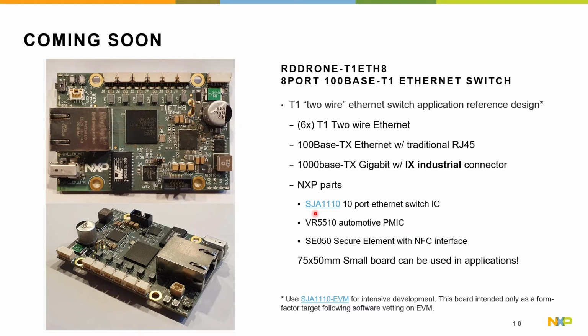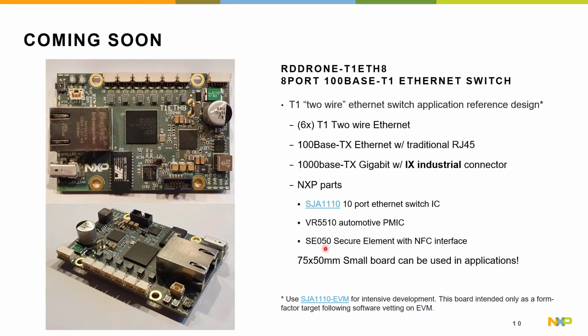The NXP parts on board are an SJA1110 10-port Ethernet switch. The other 2 ports here are RGMII ports, so you could use it to bridge between multiple higher-end processors, for example, or cascade from one switch to the next. There is an automotive power management IC, so it does work at higher voltage inputs, very wide range, and a rugged voltage input capability.